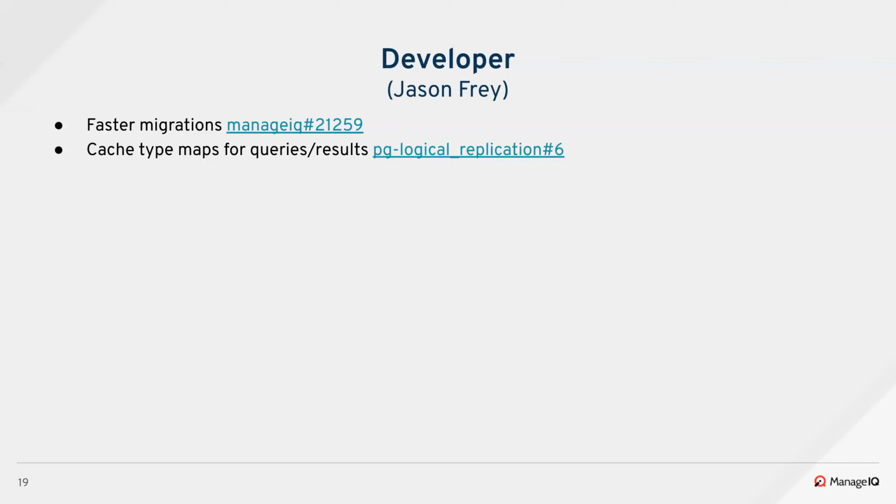In addition, other repositories on Travis also need to migrate a ManageIQ database, so they'll also see an improvement. The primary reason we were looking at this was that Podify deployment was slow. So this saves about 90 seconds for Podify deployment, from about 350 to 260.